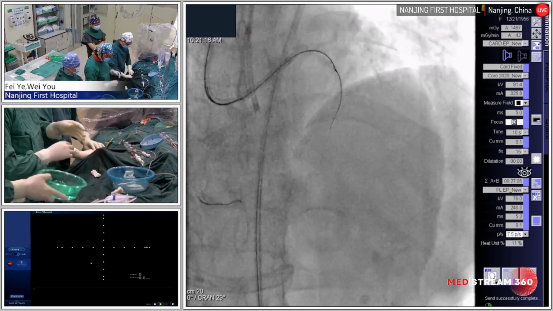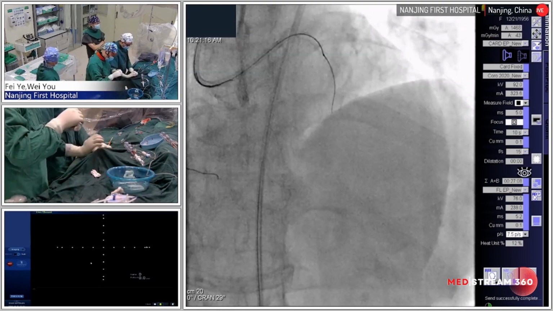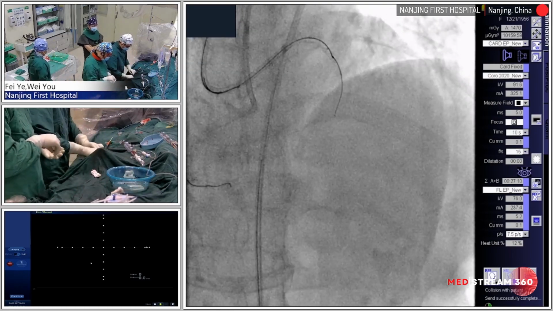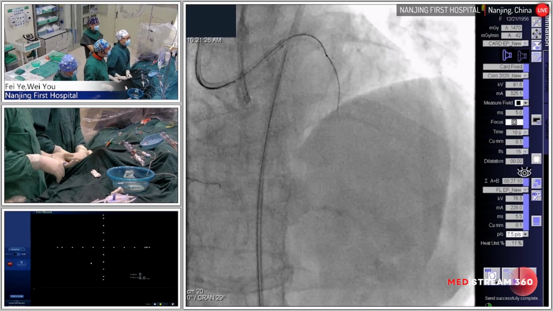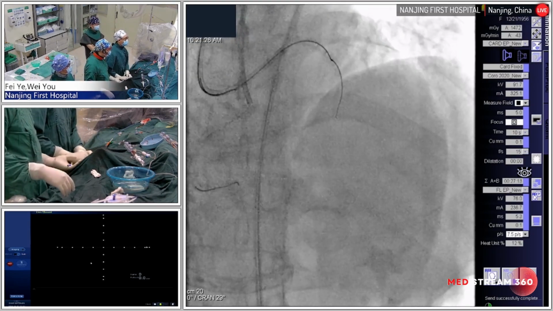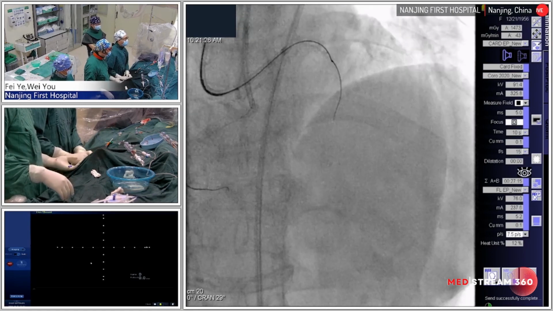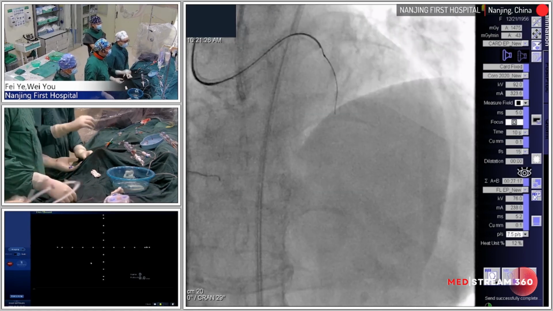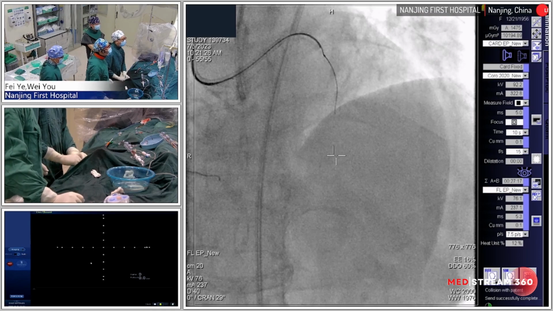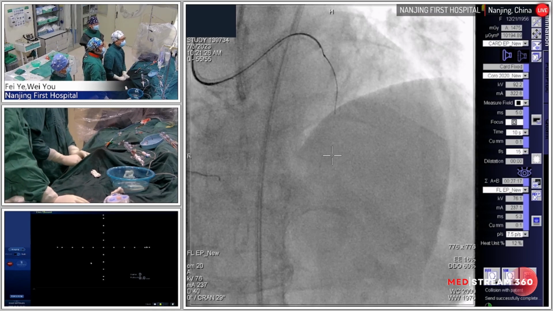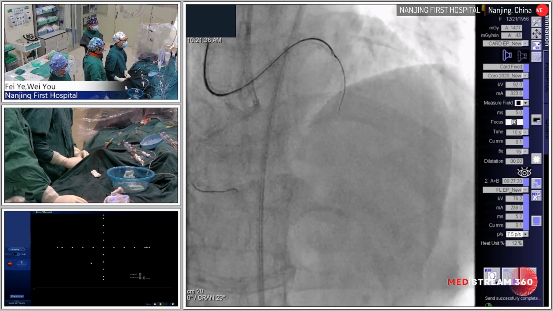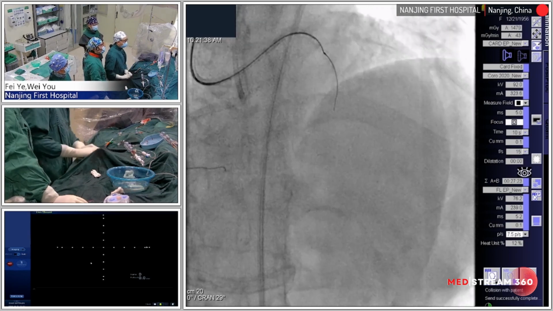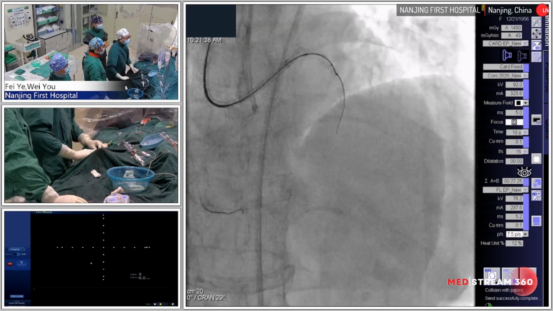If there is a severe dissection, I want to use a double lumen catheter. If there is no severe dissection, from my experience, I want to use a single lumen. Just because we cannot push the double lumen catheter more distally, we don't get any benefit from it. Agree.